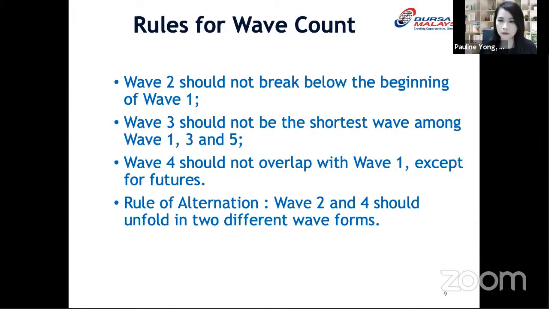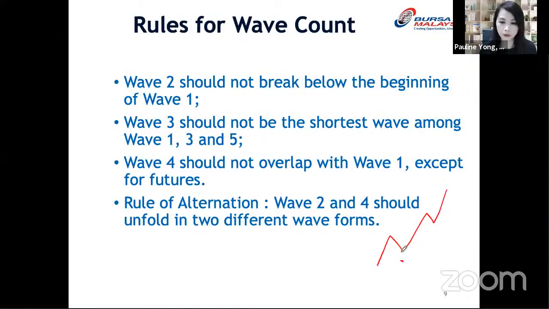So let's memorize together. Rule number 1 is that wave 2 should not break below the beginning of wave 1. So we are looking at 1, 2, 3, 4, 5. So this wave number 2 here, because of this retracement, right? Remember in Fibonacci, we said that the retracement maximum is 618, which is around here, slightly more than half.